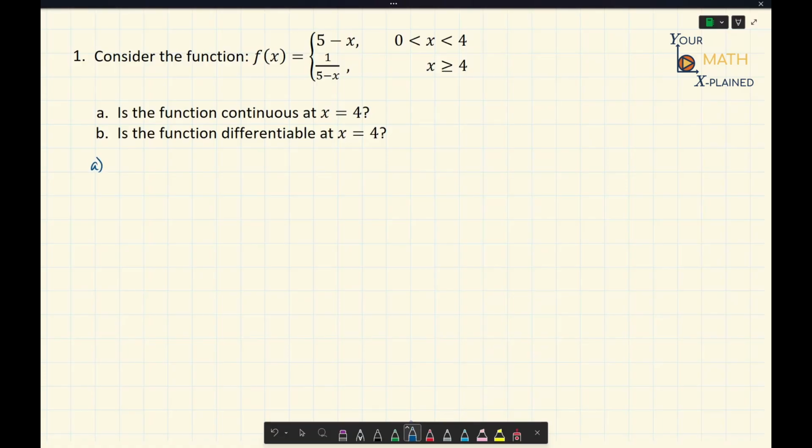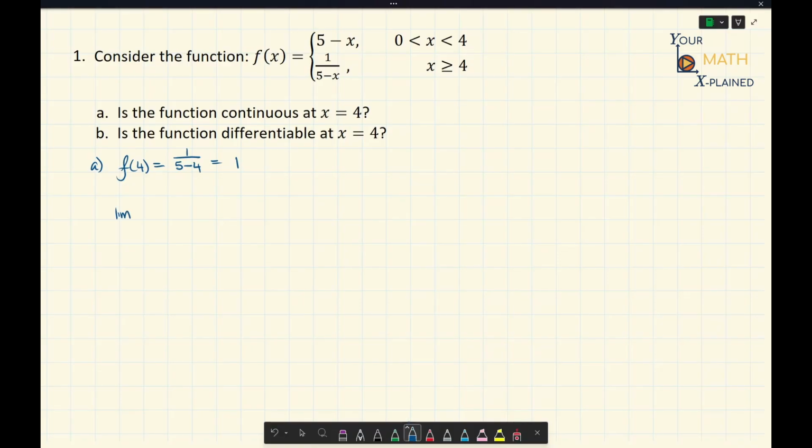Firstly, we can see that the function is defined at 4 because f of 4 is equal to 1 over 5 minus 4. So that is equal to 1. And this is because we can see that it is defined as 1 over 5 minus x for x greater than or equal to 4.